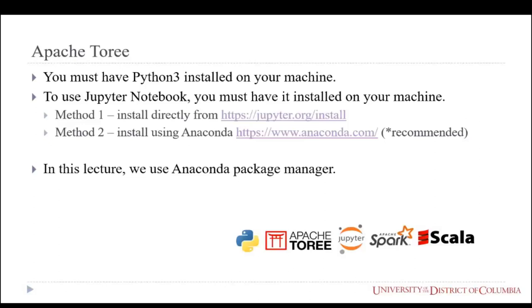Broadly, if you're taking the similar Python course, you probably have Jupyter Notebook installed, right? There are two different ways you can install Jupyter Notebook. You can just download it from the Jupyter Notebook website, or you can install it as a part of Anaconda, right? In my case, I have Anaconda installed already.